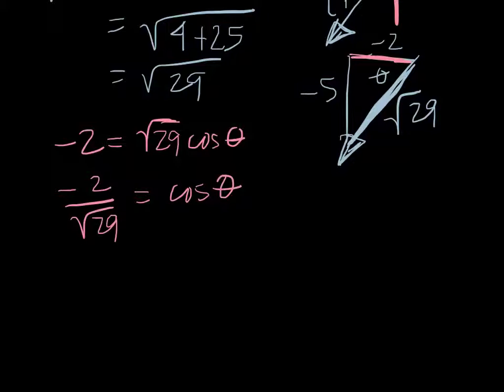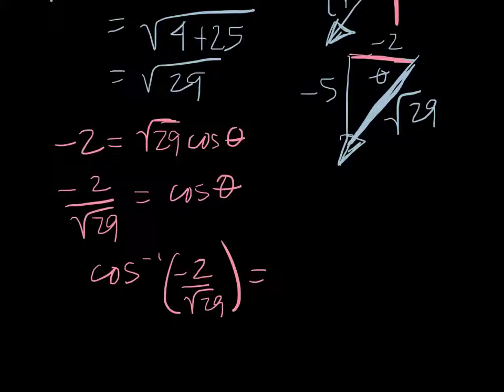I'm trying to find theta, so I'm going to use inverse. The inverse cosine of -2 divided by the square root of 29 is what's going to give me theta. I'm going to pause this and find what that small angle is.